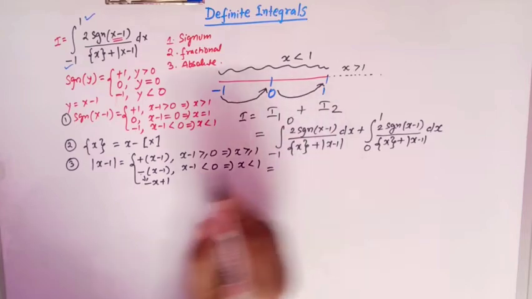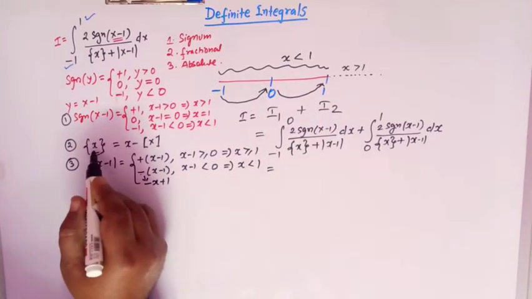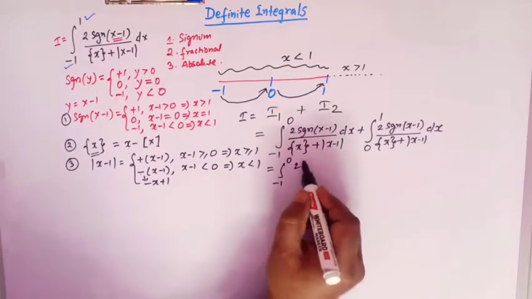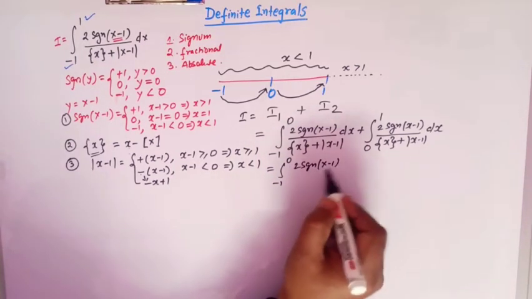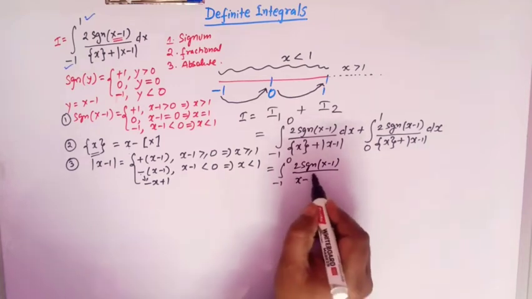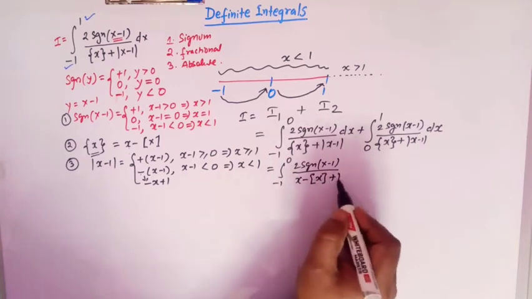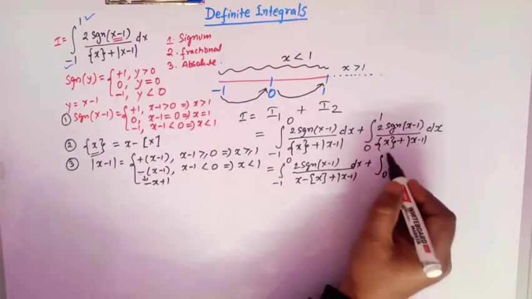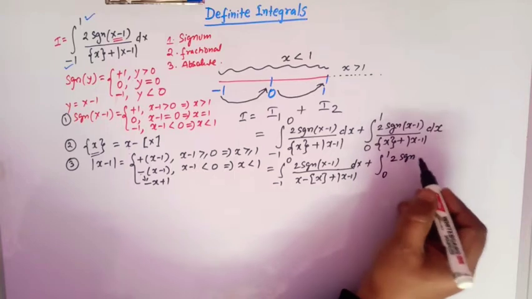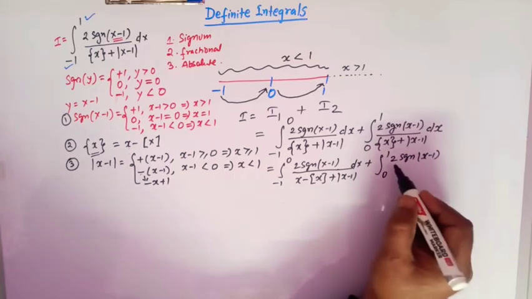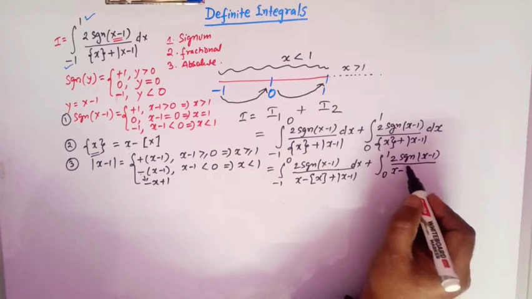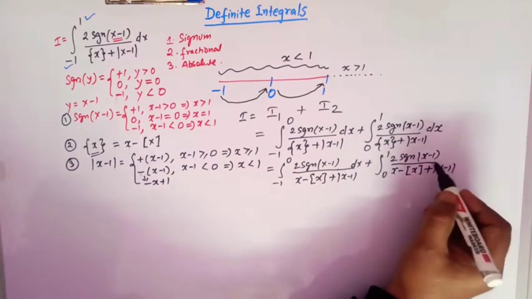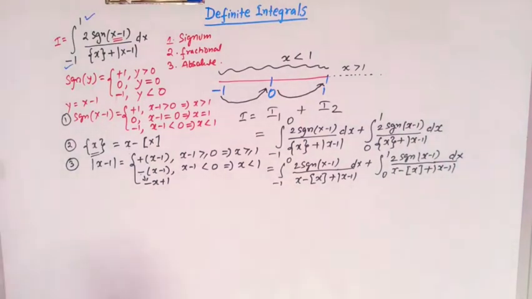Now we can replace this fractional part of x by this expression, so we can rewrite it as 2 times signum of x minus 1 over x minus greatest integer x plus mod of x minus 1 dx, and similarly from 0 to 1.